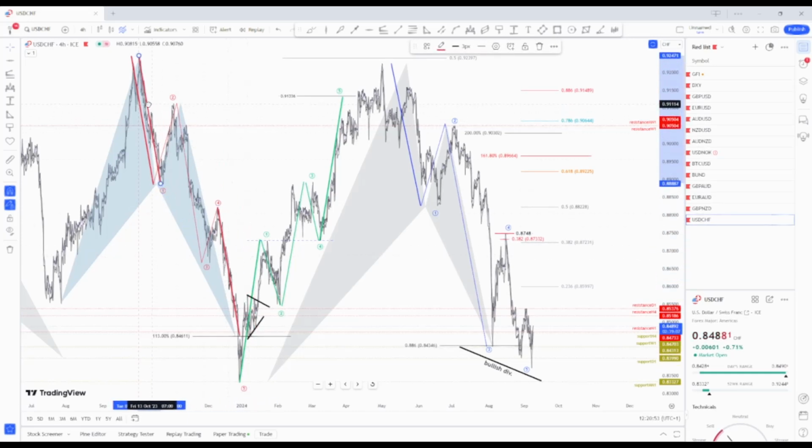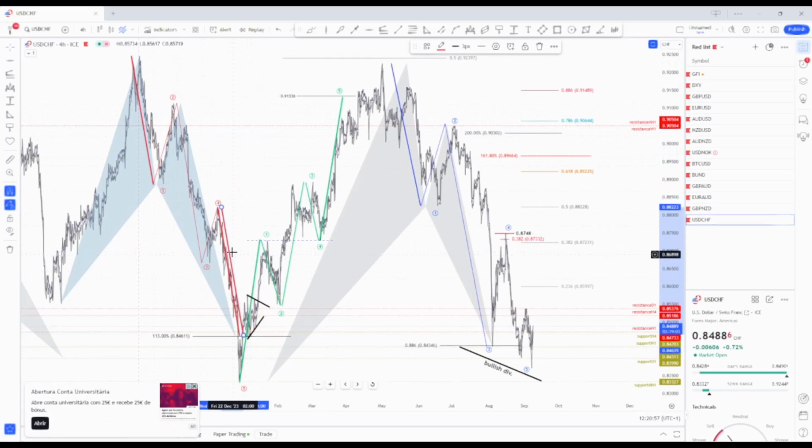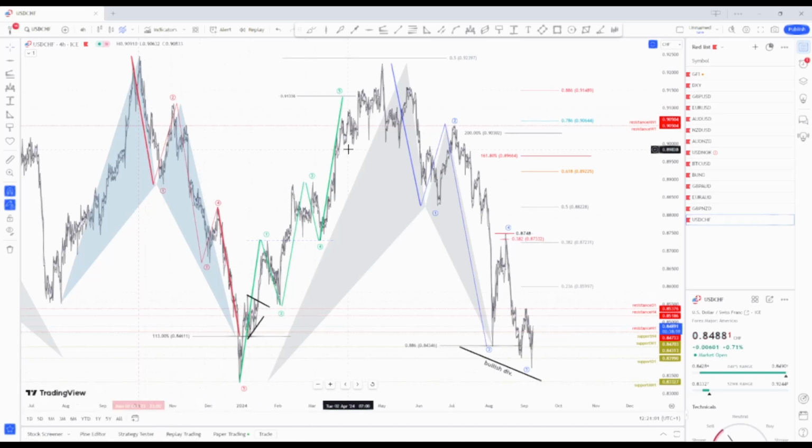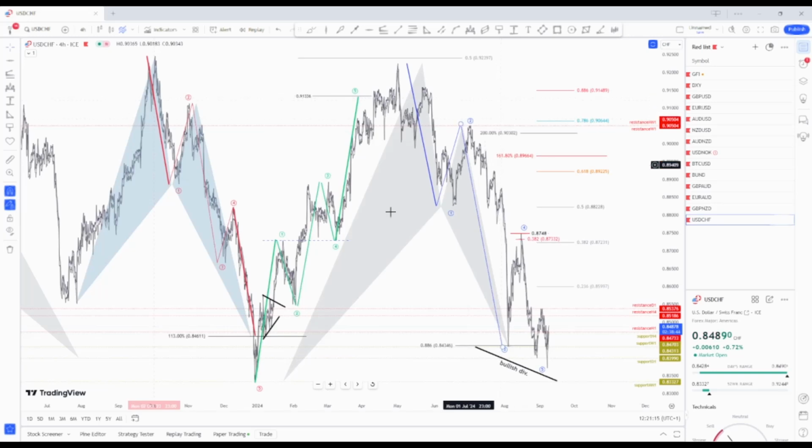As we can see, we have a symmetrical projection between the wave 5 and wave 1, and once the price completes that sequence, we start to see the price reacting and starting to reverse. So I have what I call 5-wave symmetrical patterns in both directions.